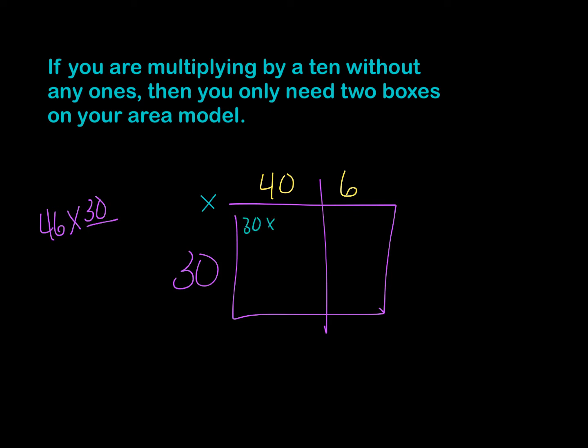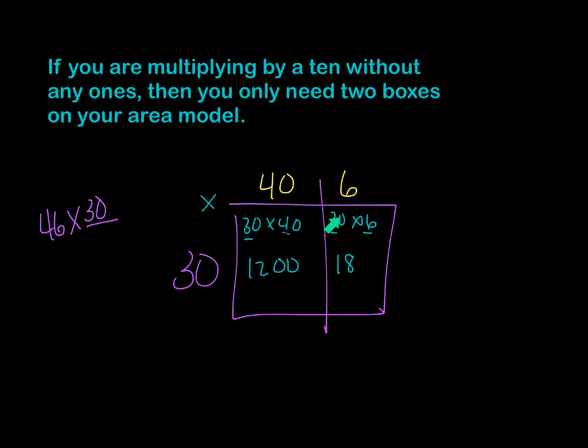So 30 times 40 is just like 3 times 4, which is 12. But those are both tens. So that will give us 1200. And 30 times 6, 3 times 6 is 18.